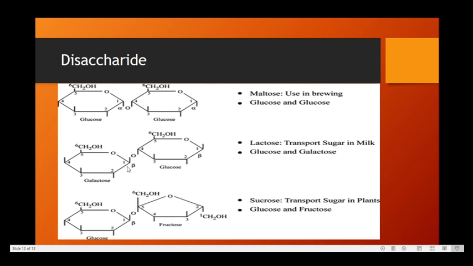So the anomeric carbon atom of galactose, which is in the beta form, and the fourth carbon atom of glucose are used to form the glycosidic linkage, and it is present in milk. So next is the sucrose molecule. Here the anomeric carbon of glucose and the anomeric carbon of fructose are used in the formation of the glycosidic linkage, and it is present in fruits and plants.